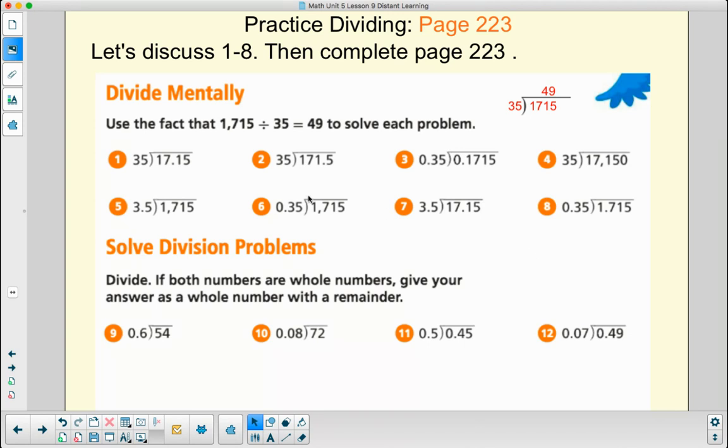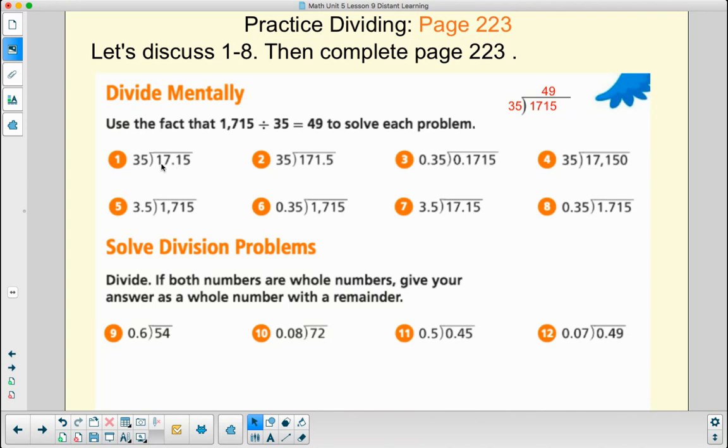Okay, as I attack the first one, 17.15 divided by 35, I notice the digits in 17.15 are the same digits and in the same order as 1,715. I know that 17.15 is just 1,715 multiplied by 1/100th or divided by 100.